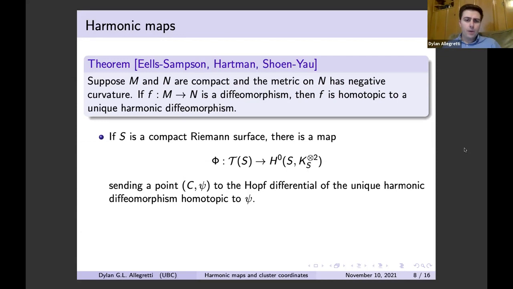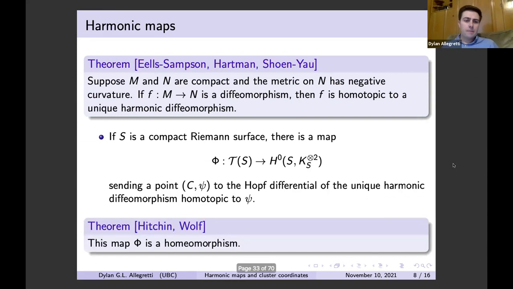You take a point in the Teichmüller space, which, as I explained, is a pair consisting of a hyperbolic surface and a marking, and you map it to the Hopf differential of the unique harmonic diffeomorphism homotopic to the marking. So according to this theorem, this map psi is homotopic to some harmonic map. And I've already explained that the Hopf differential of a harmonic map is a holomorphic quadratic differential. So this is giving you some natural map from the Teichmüller space to this vector space.